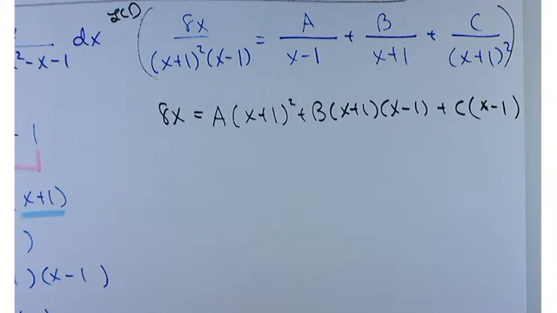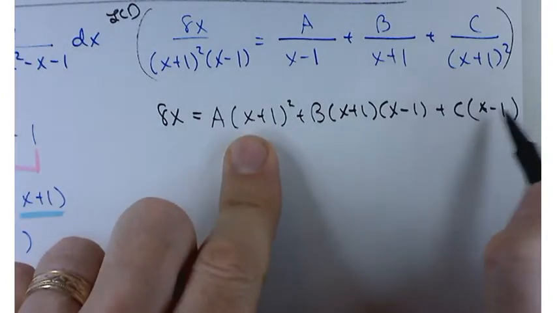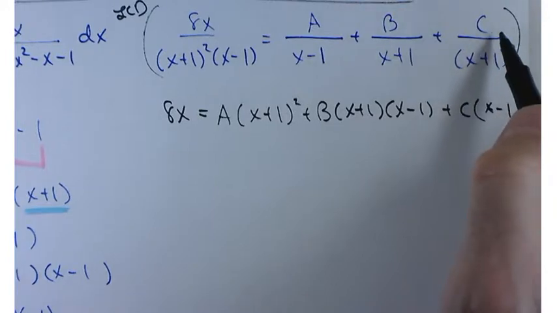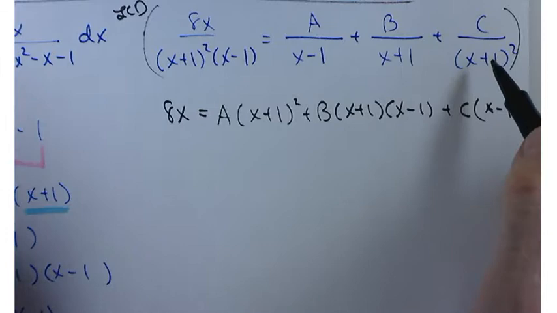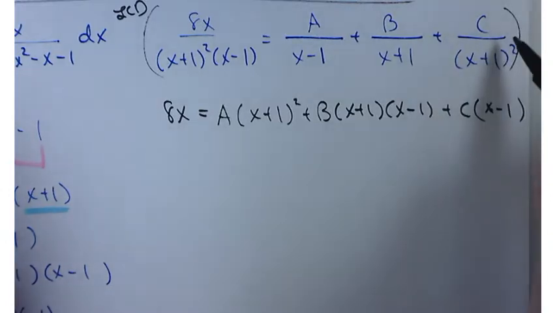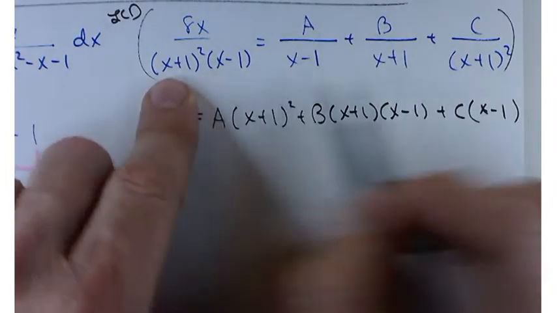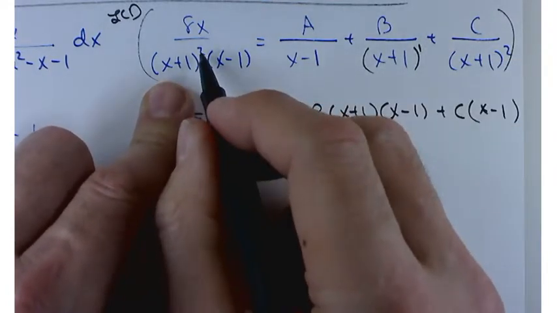Yes, sir? One on the top? I'm sorry, I couldn't quite hear, the train was going by. Why wasn't there an x plus 1? Well, because this term is squared, you have to have x plus 1 to the first power and x plus 1 to the second power.